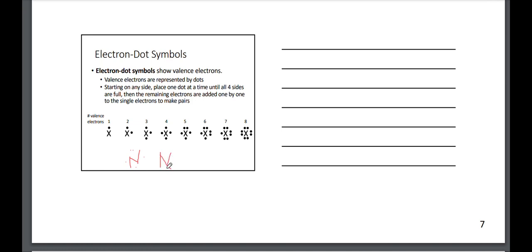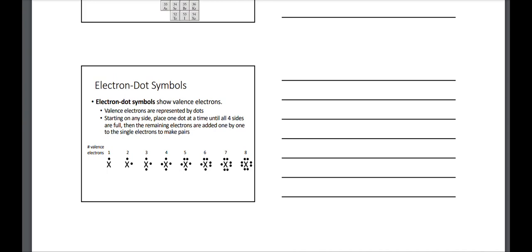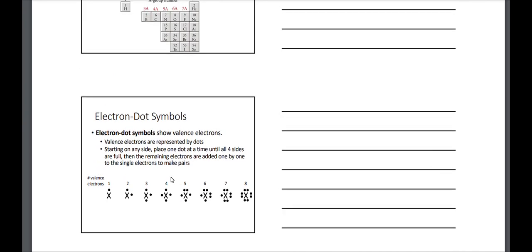People will make this common mistake: 1, 4, and 5. That's wrong. Always start with a single dot, single valence electrons on all sides, and then you go back and couple your electrons. Okay? And there is a reason for this. You will know the reason by the end of the course, I promise.